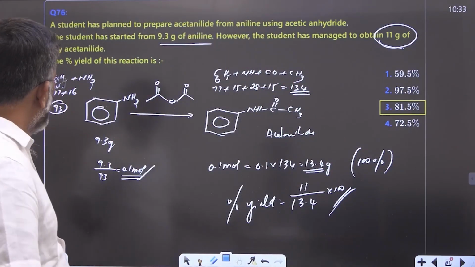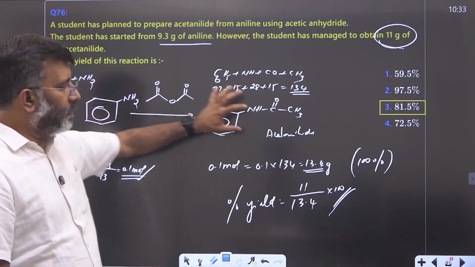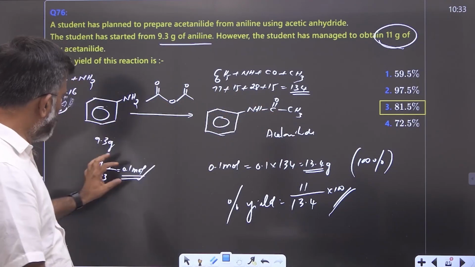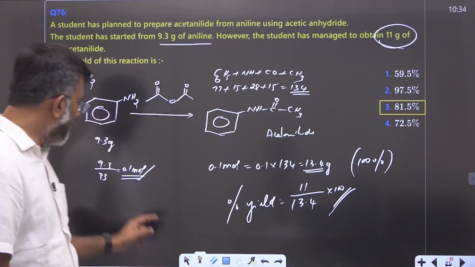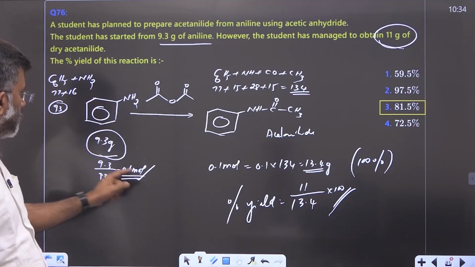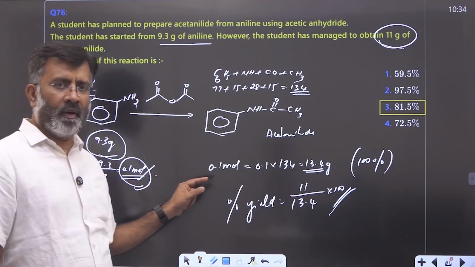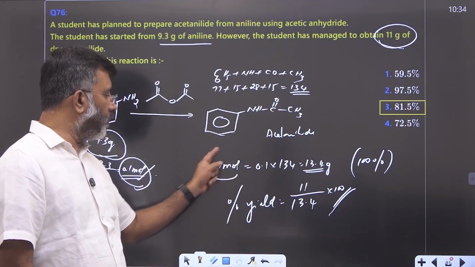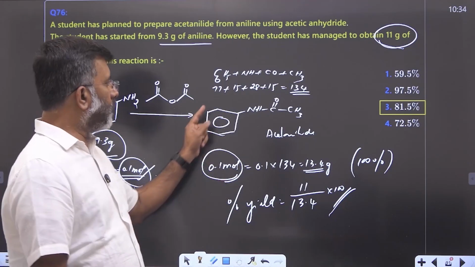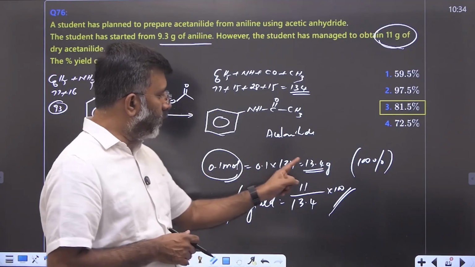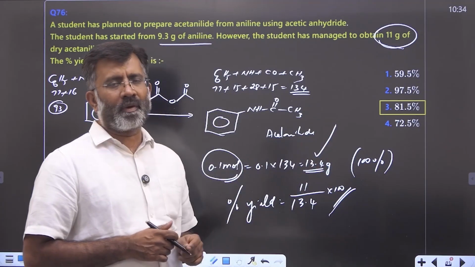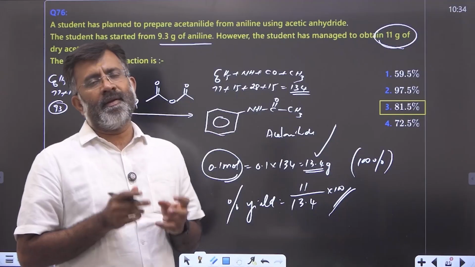Once again, 1 mole aniline, you will get 1 mole acetanilide. 0.1 mole aniline, because 9.3 gram is given, so it is 0.1 mole. 0.1 mole aniline, you will get 0.1 mole acetanilide. Molar mass of acetanilide 134, so 0.1 mole means 13.4 gram acetanilide.